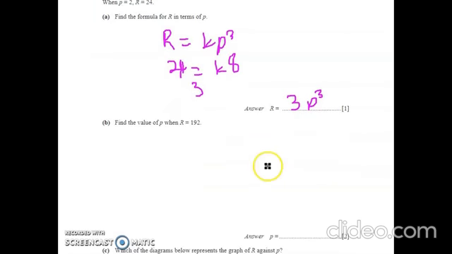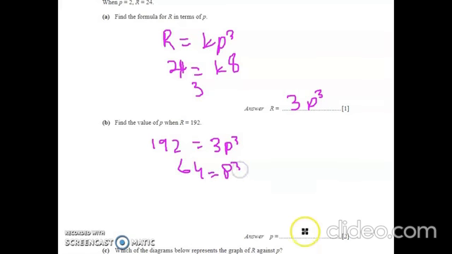Find the value of P when R is equal to 192. So 192 is equal to 3P cube. So 192 divided by 3, that is 64, and 64 is equal to P cube. So P will be 4, right?